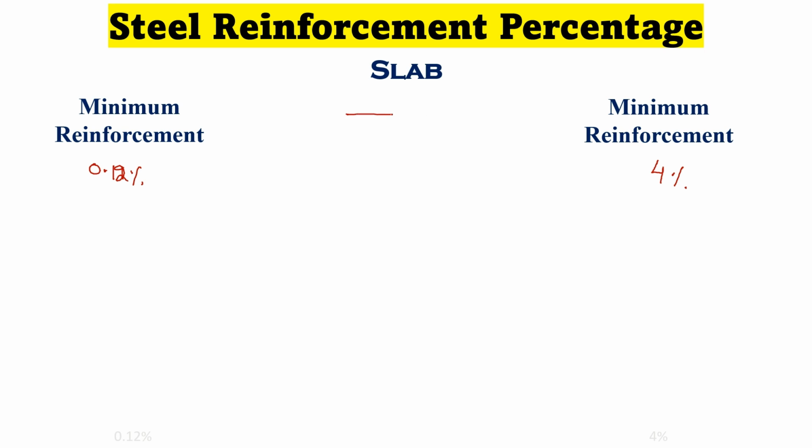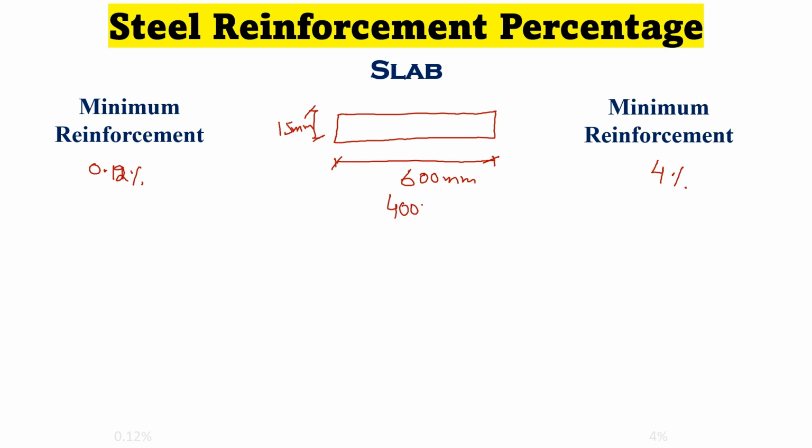Simply, if we have this slab of, let us say, 15 millimeter depth and its span is, let us say, 4,000 millimeter. So what will be the minimum reinforcement requirement of this slab?